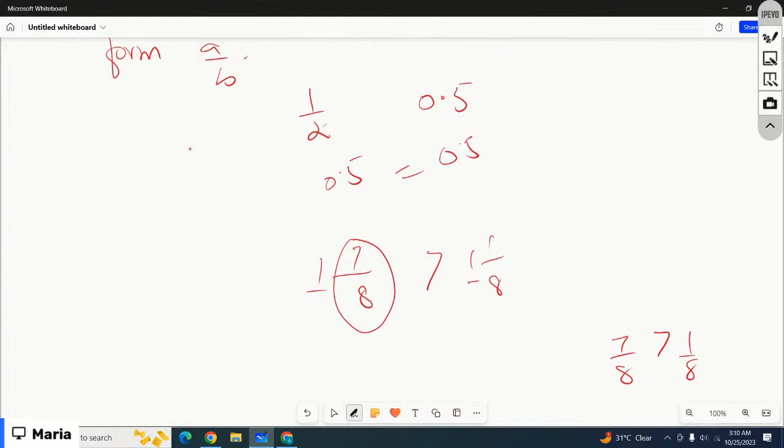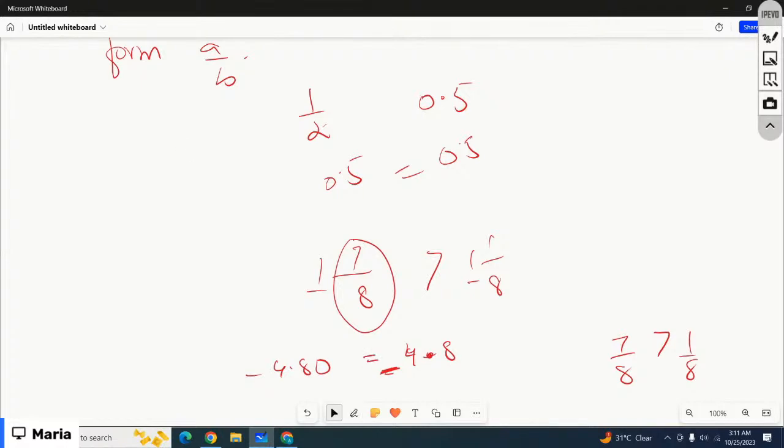For example, the other one is negative 4.80 and negative 4.8. You have to compare which is greater and which is less. They both are exactly equal, right?